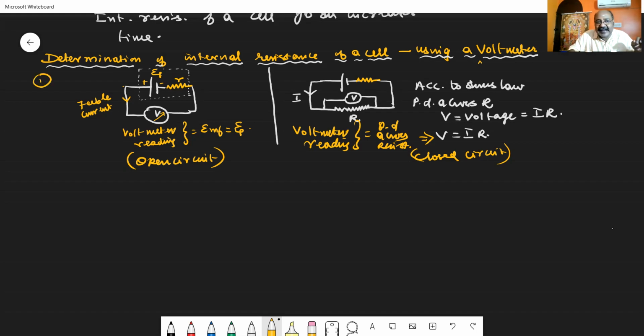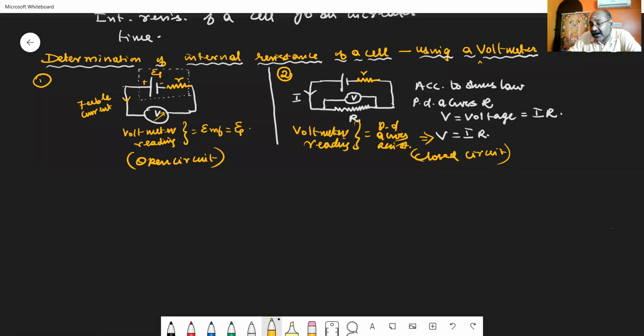Now consider the second case. To the electric cell of EMF E and internal resistance r, you connect an external resistance capital R, across which the same voltmeter is connected.